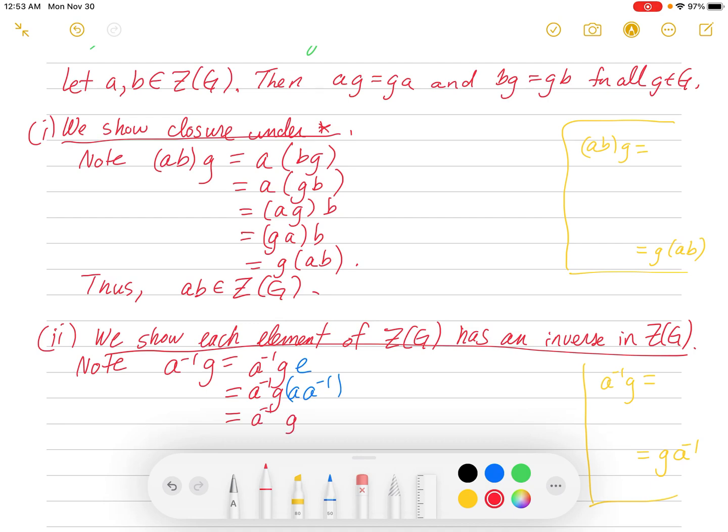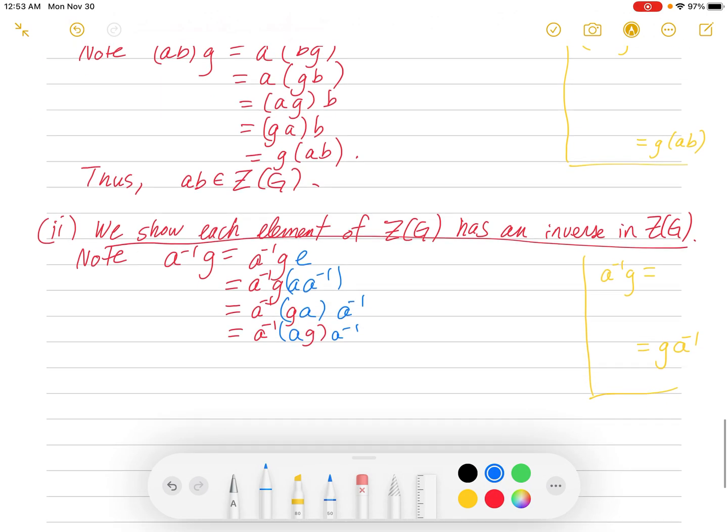Okay, now I'm going to reassociate. I'm going to put the g and the a next to each other, with the a inverse on the outside. I'm just reassociating. Now we know that a and g commute because a is in the center. We're going to have a inverse, then ag, and then a inverse.